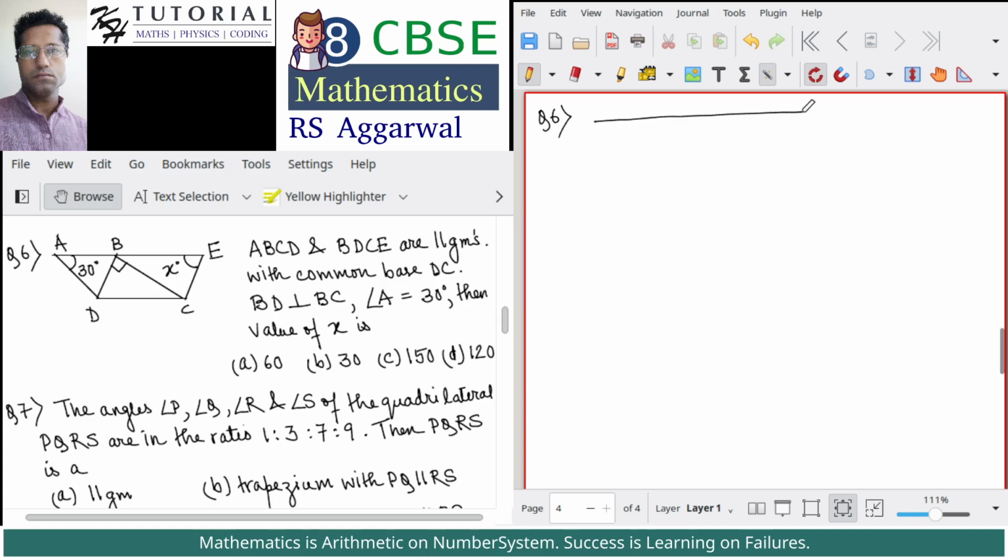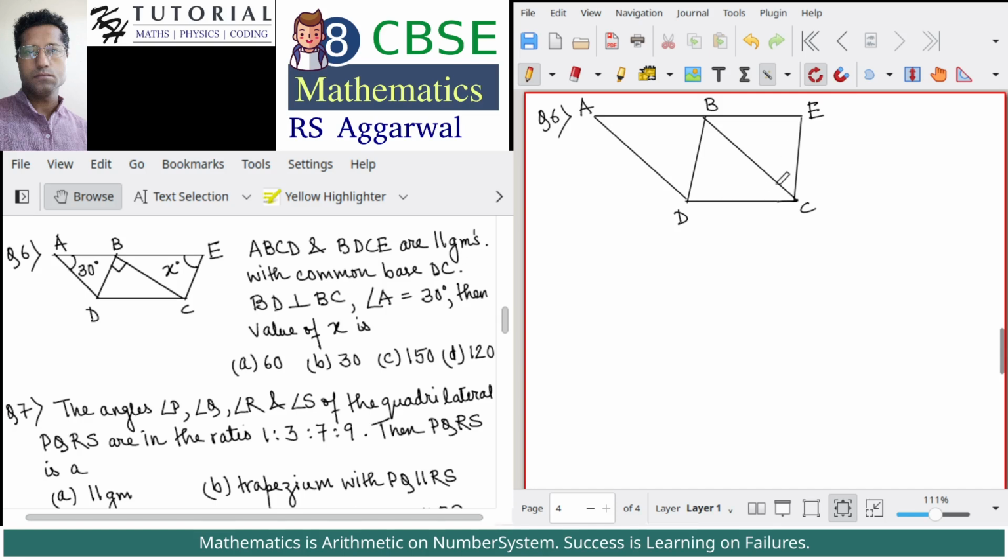I'm roughly drawing the diagram. So ABCD is a parallelogram and BDCE is a parallelogram, with common base DC.